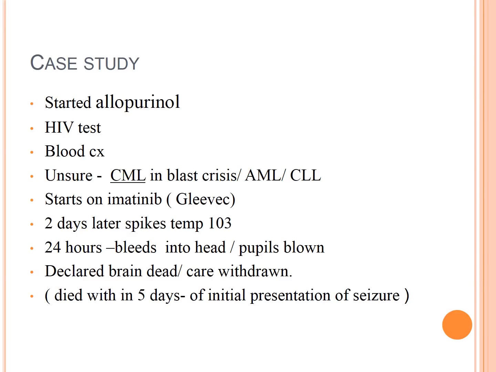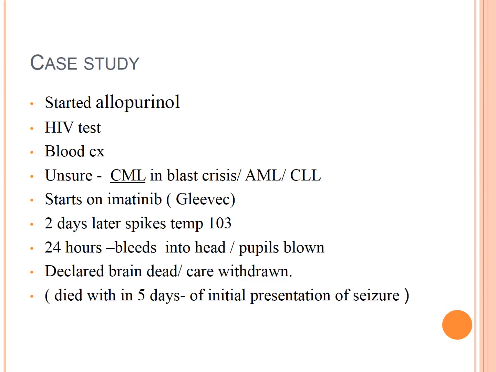Okay? So HIV tests, blood cultures, they're unsure whether or not he was in CML and blast crisis. So remember, CML, the acute phase, which is that terminal phase, is considered blast crisis. Very poor prognosis with this.